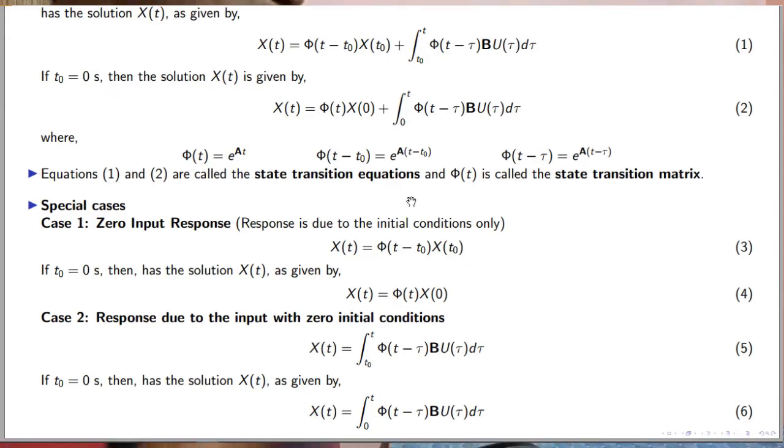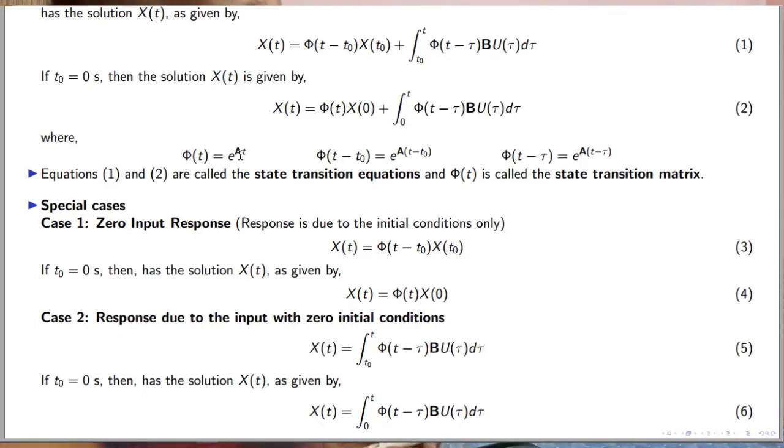One important thing to be noted is phi of t is given by e power At, and obviously A is a square matrix of order n, where n is the number of state variables, and therefore e power At is also going to be a square matrix of order n, and therefore phi of t, or the state transition matrix, is a matrix of order n. So this is what we saw in the previous lecture.